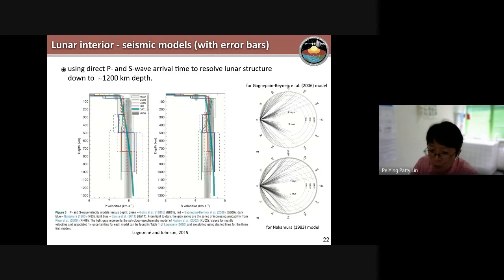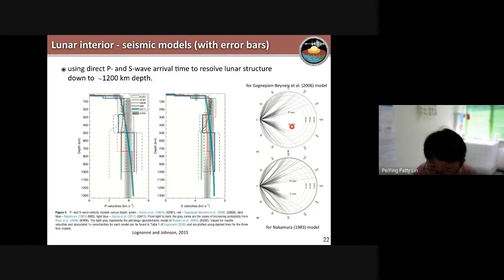Although we are lucky to have a few stations on the Moon, to be honest, it's not as many as what we have on the Earth. So you can see the error bars of these seismic profiles are relatively huge. But luckily, the resulting seismic profiles show some similarities.